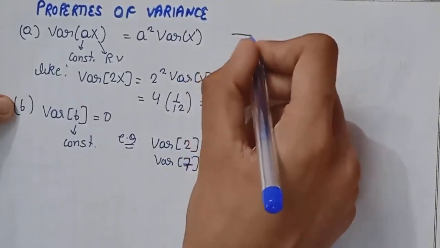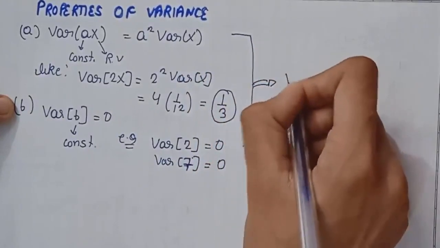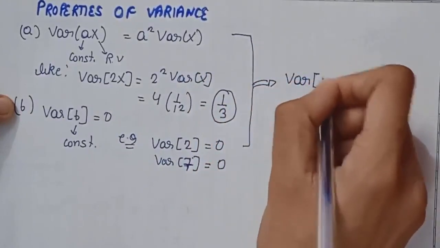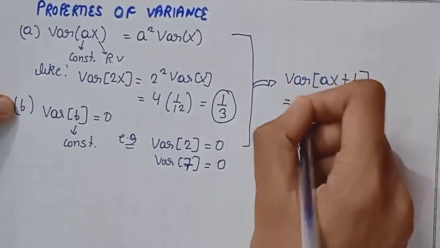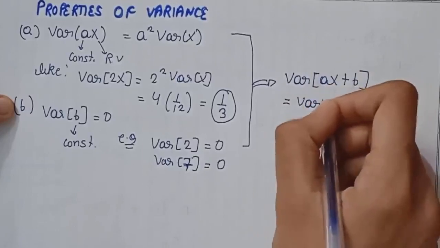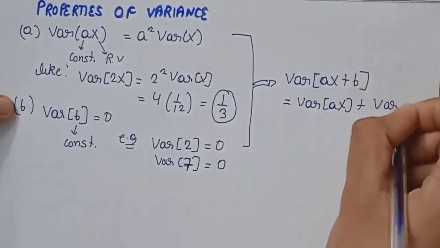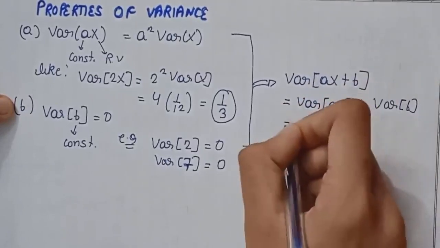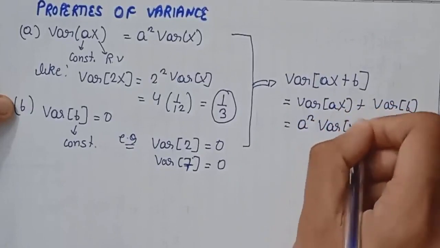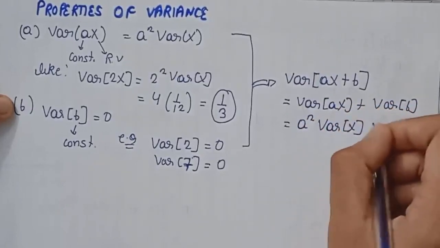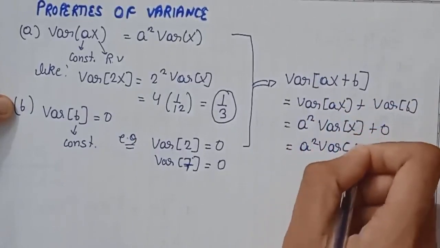Now, using these two properties collectively, I can write that variance of AX plus B is equal to variance of AX plus variance of B, which in turn is equal to A square into variance of x plus 0, coming out to be A square into variance of x.